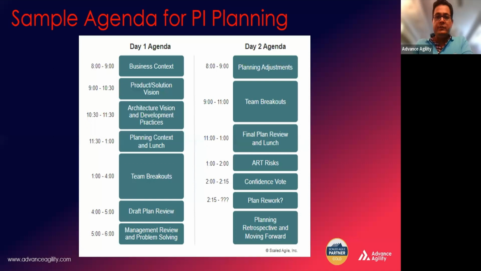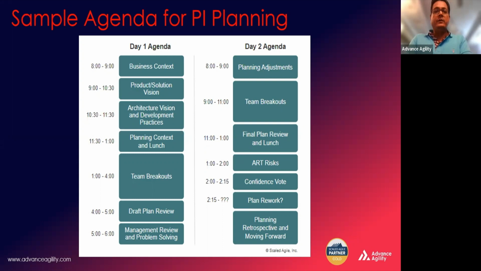If there are issues like risks and impediments, they will highlight them and management will try to solve them for the next day. If there is a change in scope, vision, or priorities, your management, including product management, RTE, and system architects, will share that with the teams in planning adjustments on day 2.